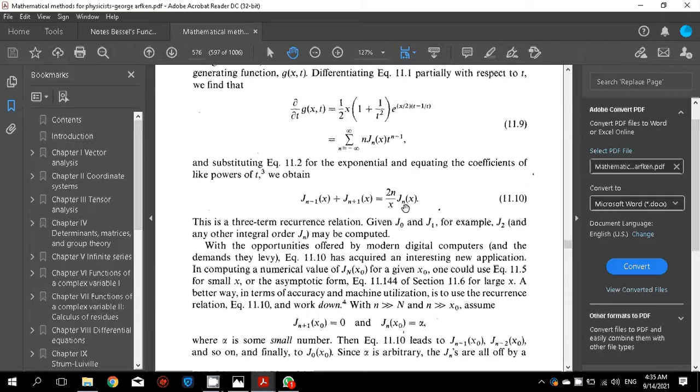Listen again: if J_n is given and the previous Bessel's function J_{n-1}(x) is given, then you can move on to the next one.